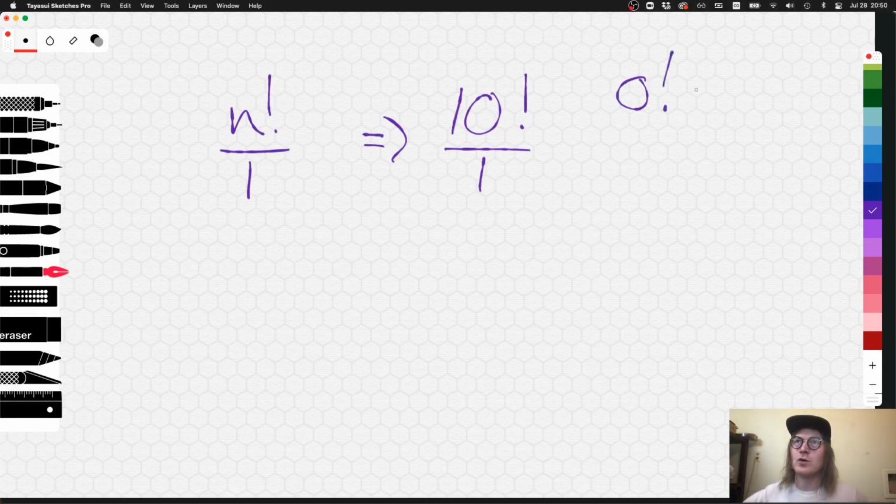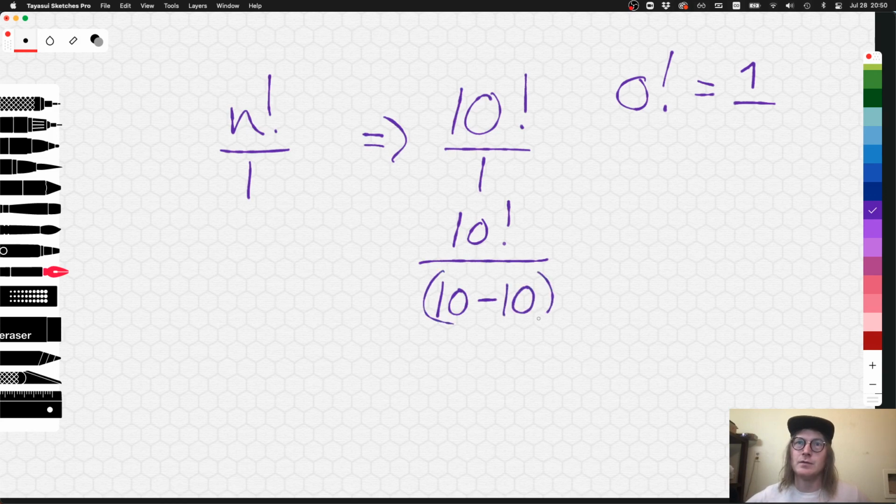So we've got 0 factorial. 0 factorial equals 1. We could replace this 1, right? We could say this is actually 10 factorial over 10 minus 10 factorial, right? This is going to be the same thing. Or here we're going to say this is n factorial over n minus n factorial.